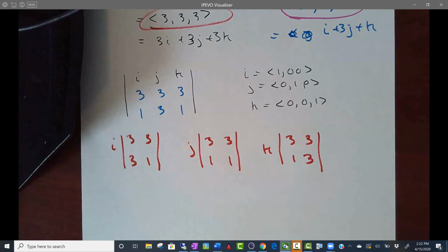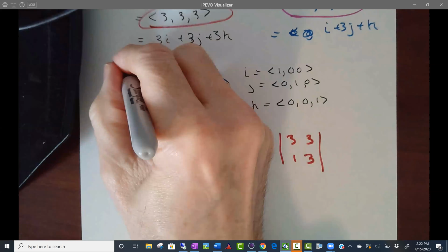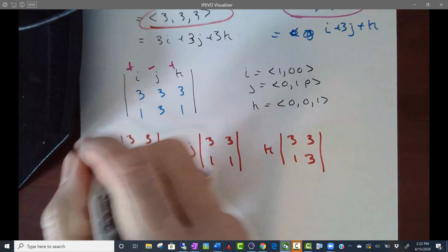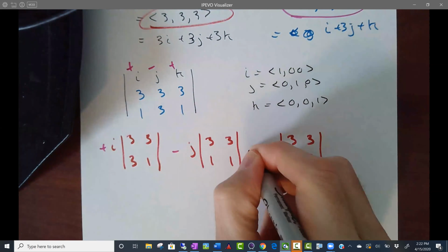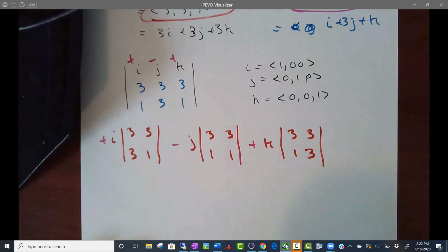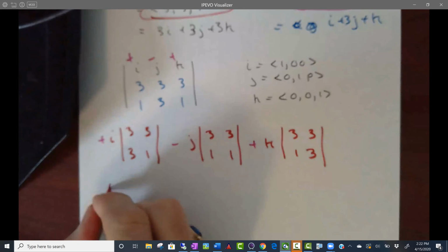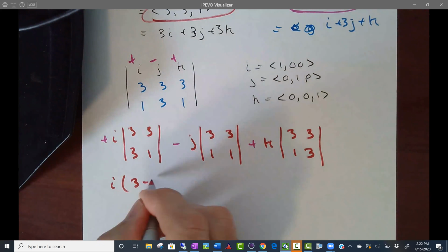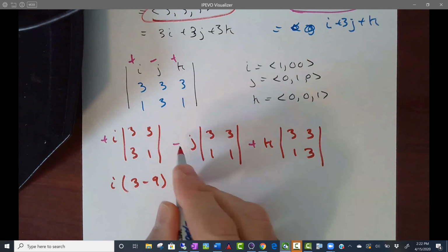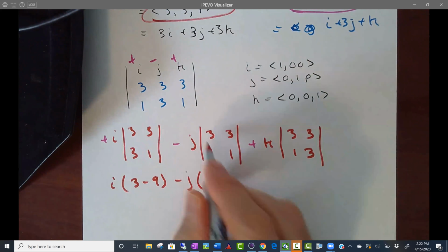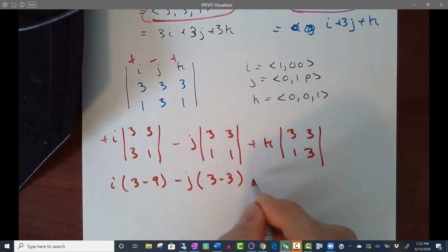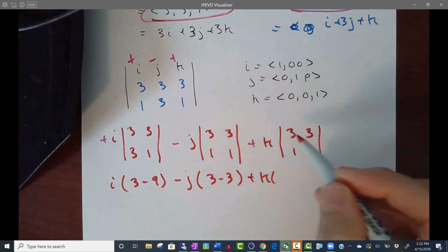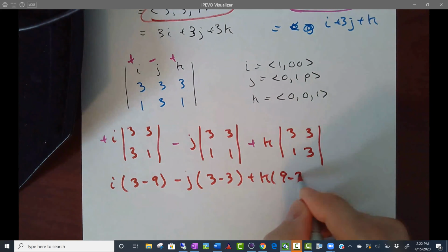Now there's one last little detail to remember about calculating determinants by cofactor expansion. That is, you have a plus, minus, plus pattern. So that's a plus, that's a minus, that's a plus. And let's expand these and get some numbers in here. This is going to be i times the product going down is 3 minus the product going up is 9, minus j times 3 minus 3, plus k times 9 minus 3.